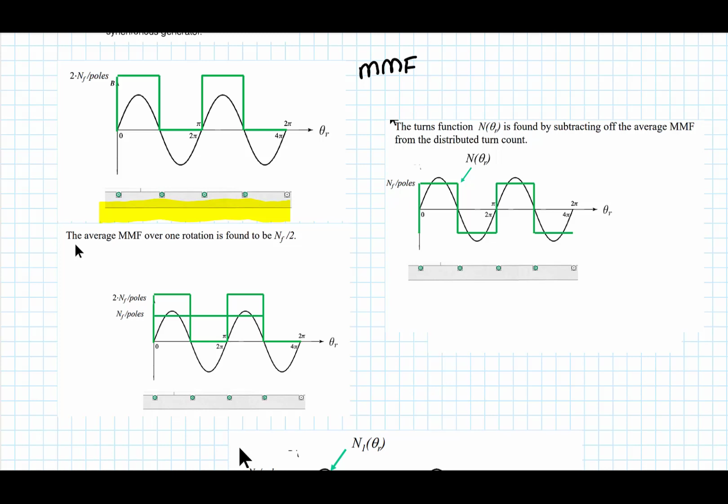And the way that these machines are built is that these coils that have the current flowing in them, like right here, here, here, and here, they're placed in slots in this ferromagnetic material.